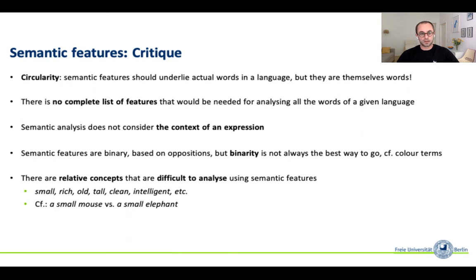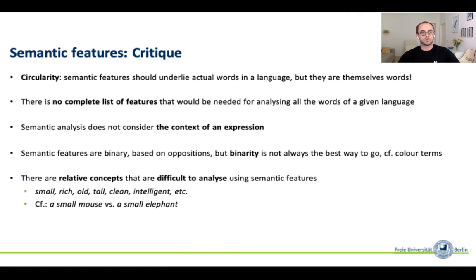Right. Another thing is that some concepts, most importantly relative concepts, are difficult to analyze using semantic features. So, for example, adjectives such as small, rich, old, tall, clean, intelligent, and so forth are relative, right? For example, a small mouse is smaller than a small elephant.